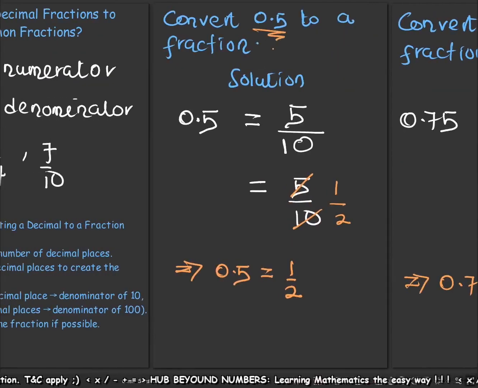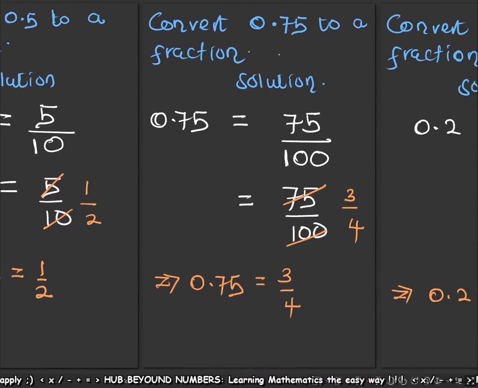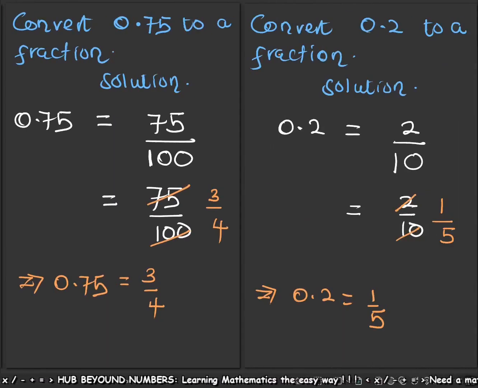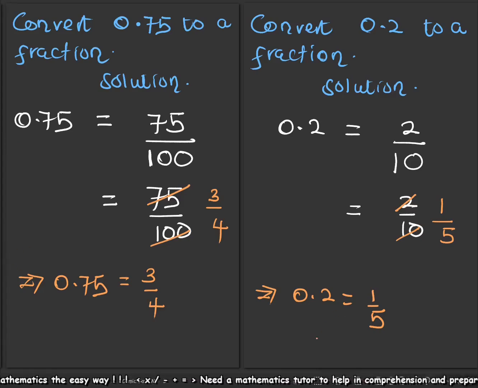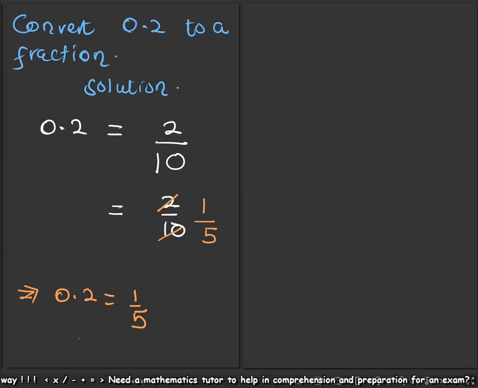But there are some decimals that do not terminate, and with those we require a little algebra to work them out. We'll look at them in our next lesson. For this one, let's just learn how to convert terminating decimals. If you want to know more about non-terminating decimals, you can look at the playlist and select that video to explain it to you.